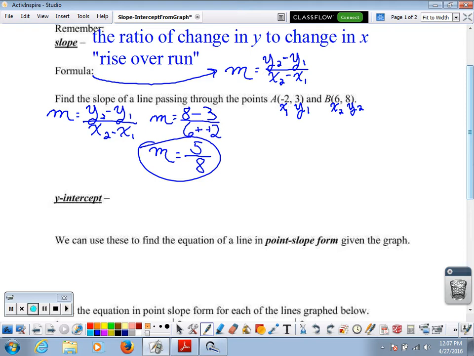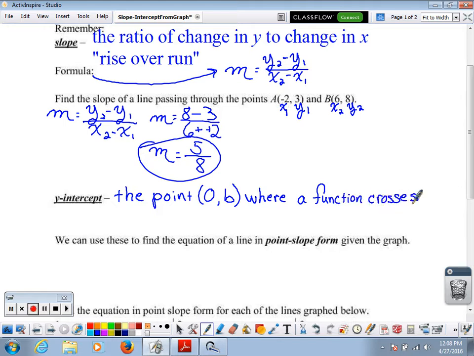If you have a graph, the y-intercept is the point 0, B. So we have an ordered pair, 0, B, where a function crosses the y-axis.